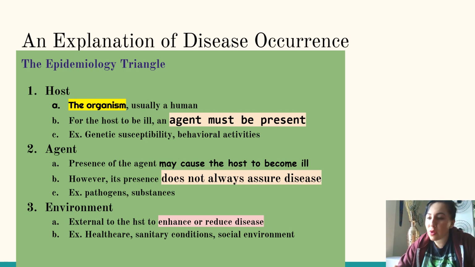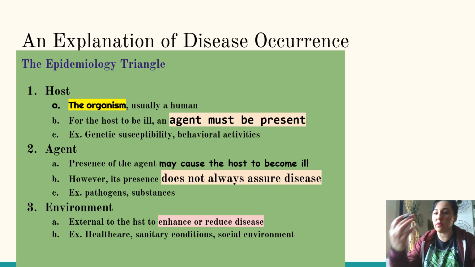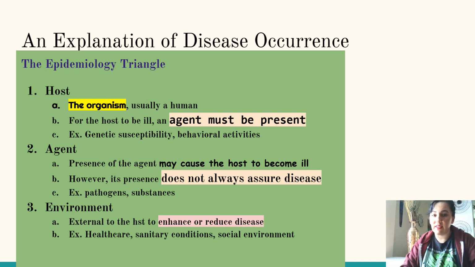In order for the host to get sick, it does not always happen. When a host has contracted an agent, the agent is in the host. However, it doesn't necessarily mean that it's always going to get sick. It's not always going to contract the disease. People may be asymptomatic, okay?